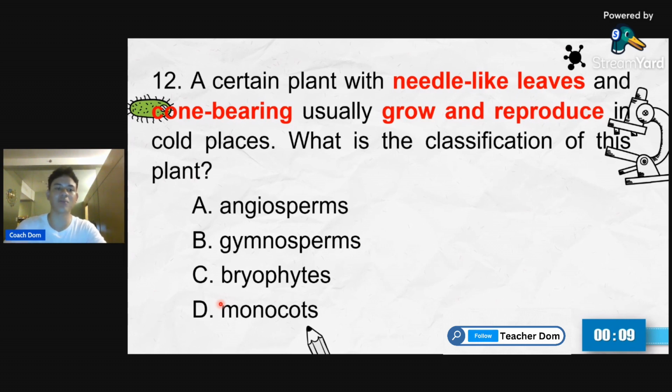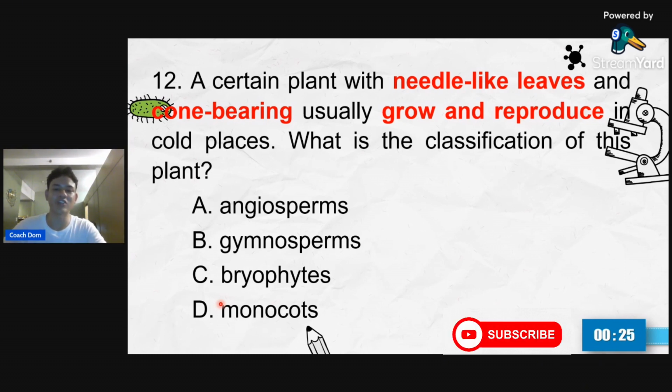Please lock in your answer po. Okay, yung clue po natin dyan, guys, is we have needle-like leaves. Ano kaya yan?